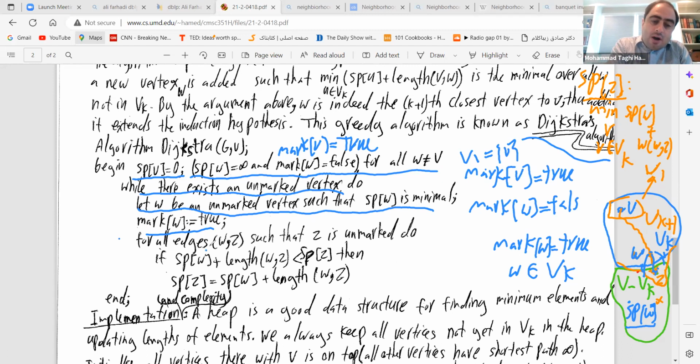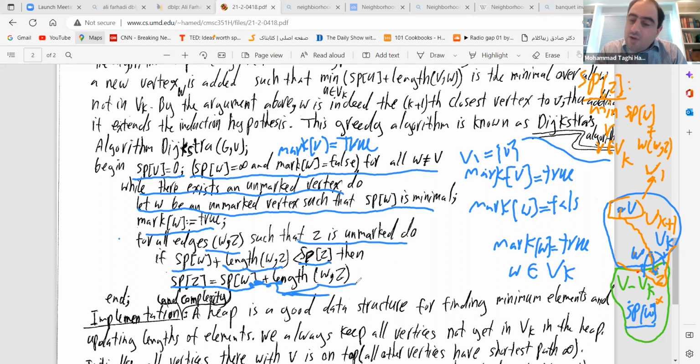For all edges WZ, that Z is unmarked, so for all these that are remaining vertices in V minus V_K, if you consider the shortest path to W plus the length of WZ, if this is less than the current estimate for SP of Z, then update SP of Z, because now using W, we can find better things.